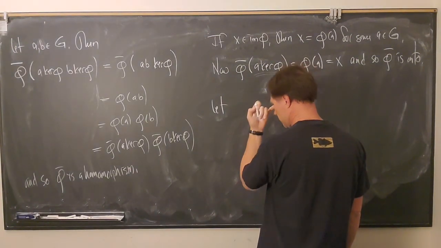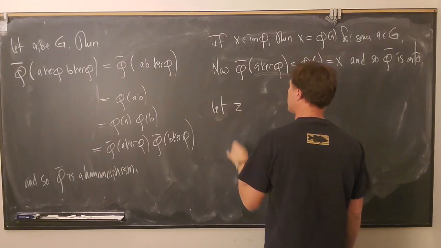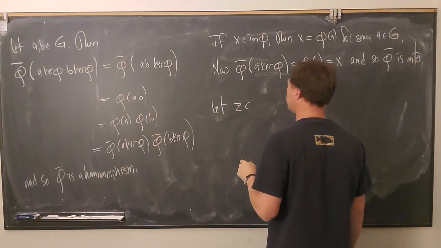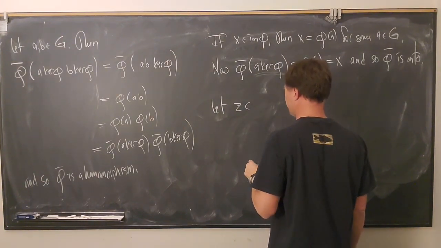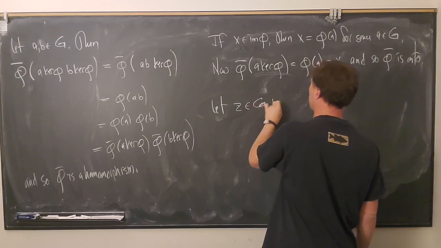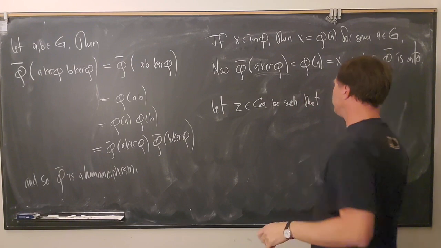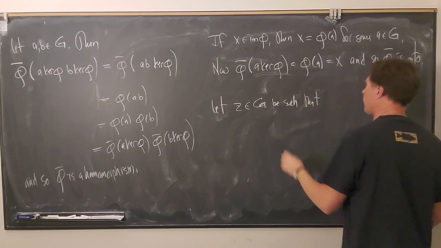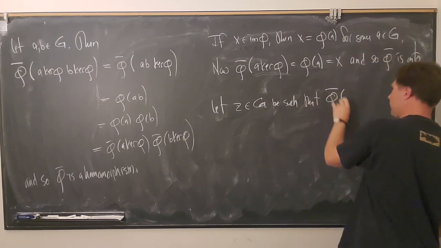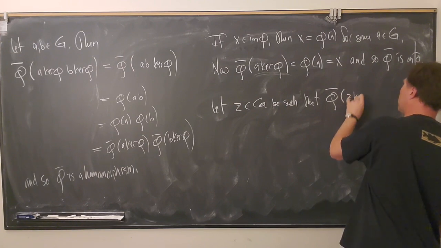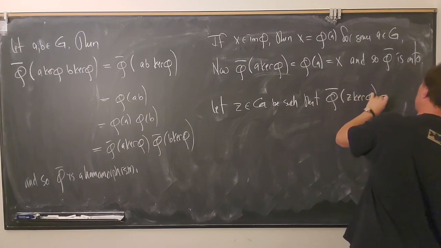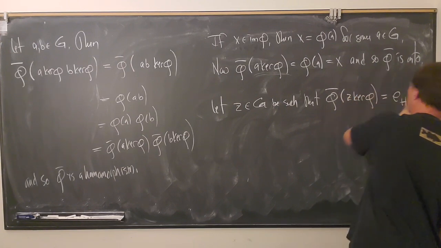So let's let Z in G be such that phi bar of Z kernel phi is equal to the identity.